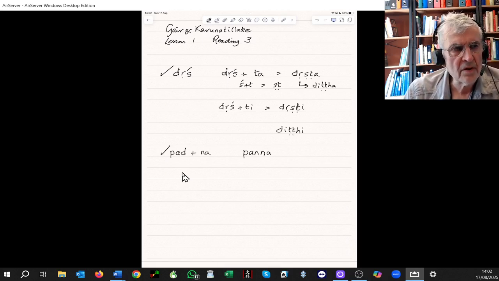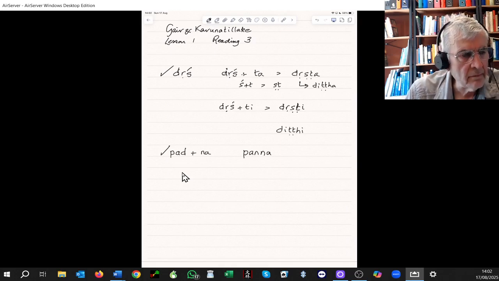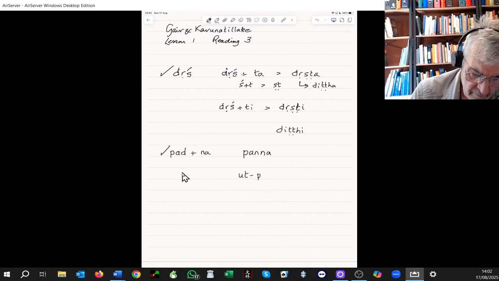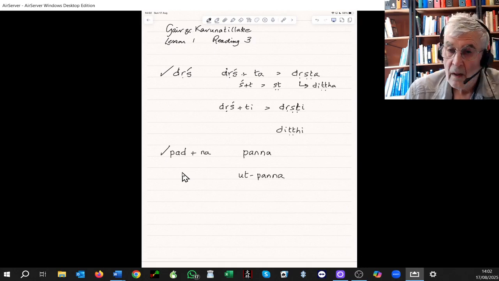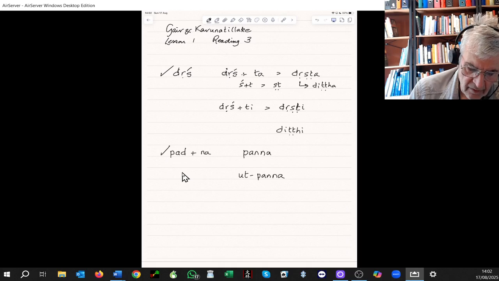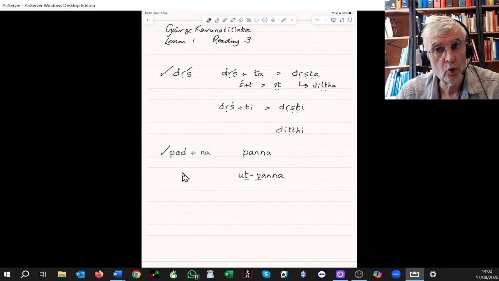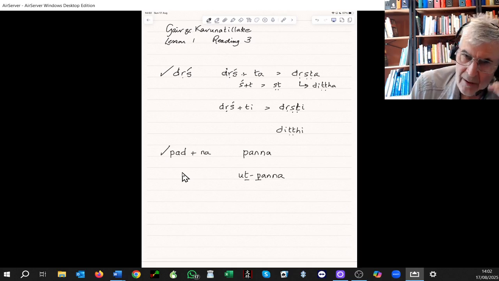This root is most commonly seen with prefixes, and the very common one is to put the prefix ut in front of it. So utpanna. Now, in Sanskrit the t and the p will remain unchanged, so it's utpanna. Ut is cognate with our English word out, and it means out or up.